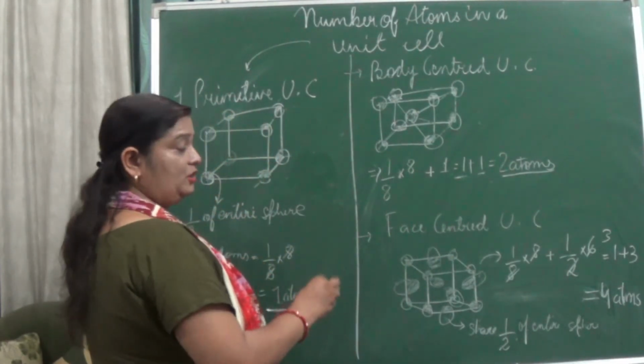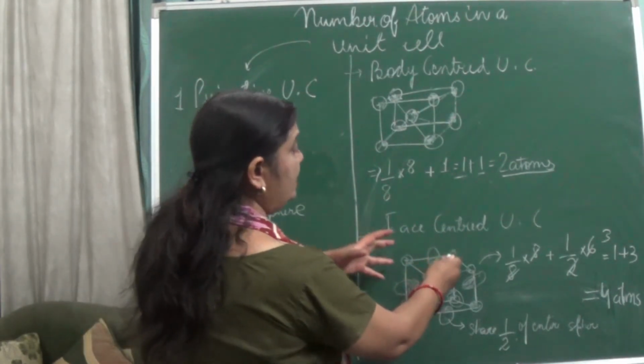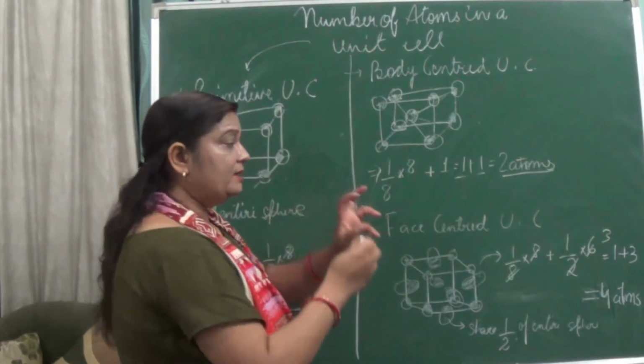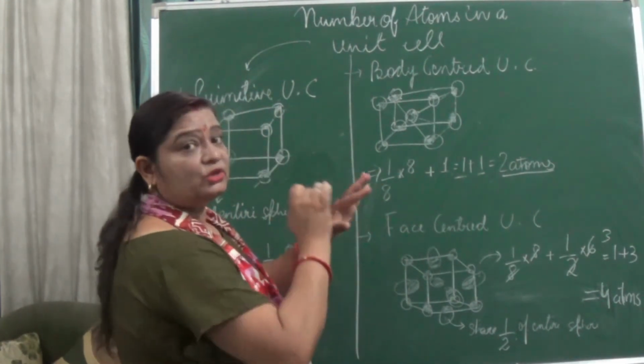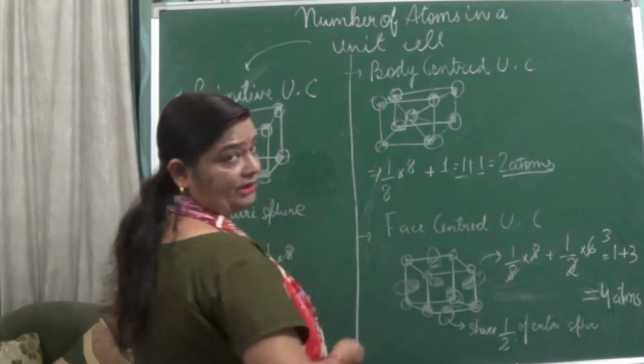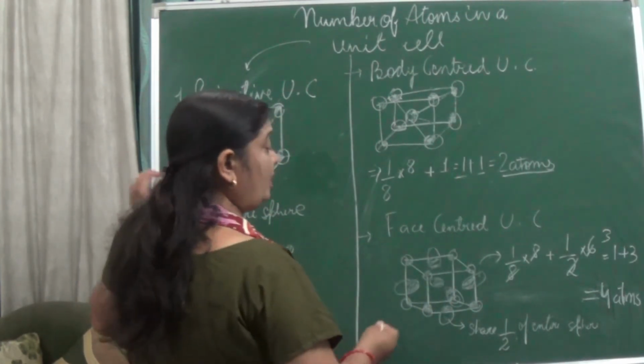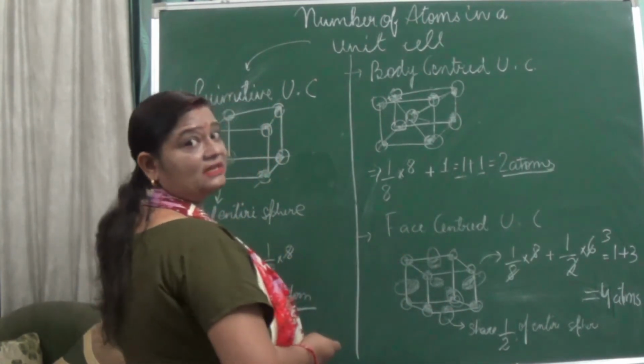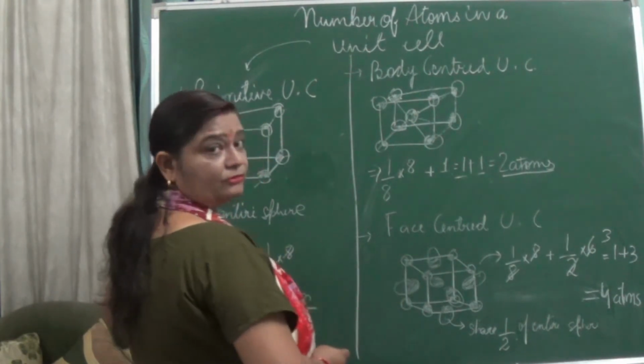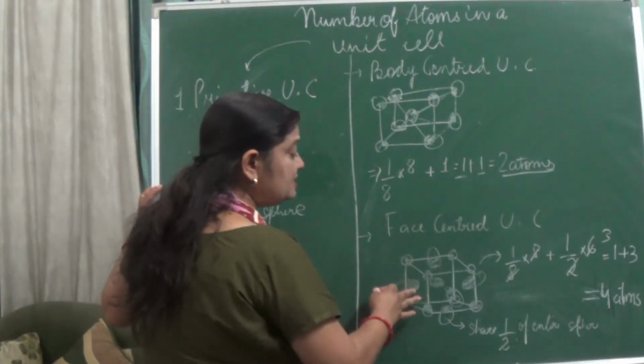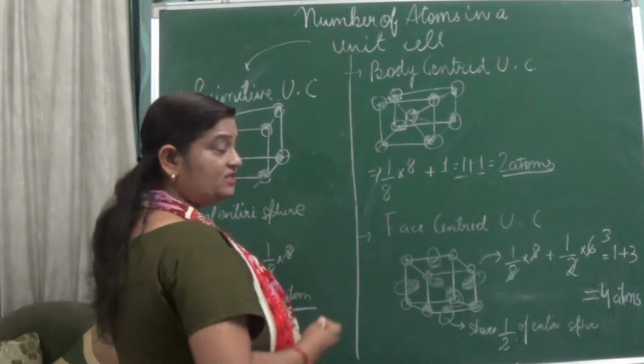Okay, beta. Now next, the face centered unit cell. I said to you, here atoms are present in all the faces. So the number of faces is how many? 6. But will it have all these 6 atoms for itself? No, because these faces will also be shared by other unit cells.